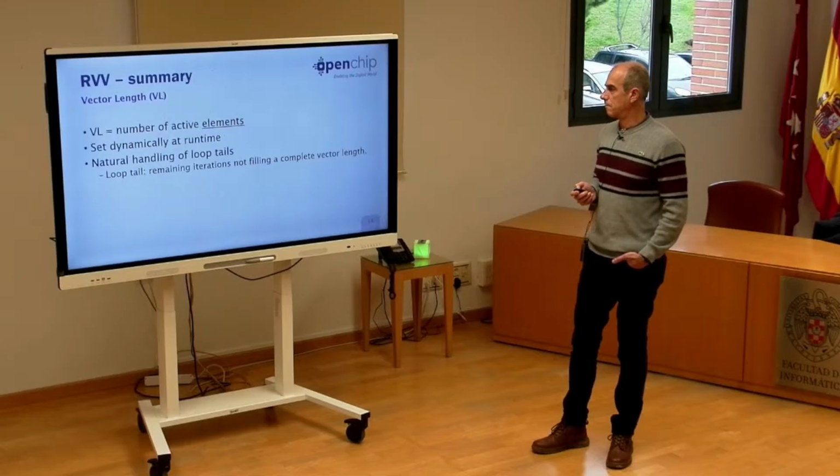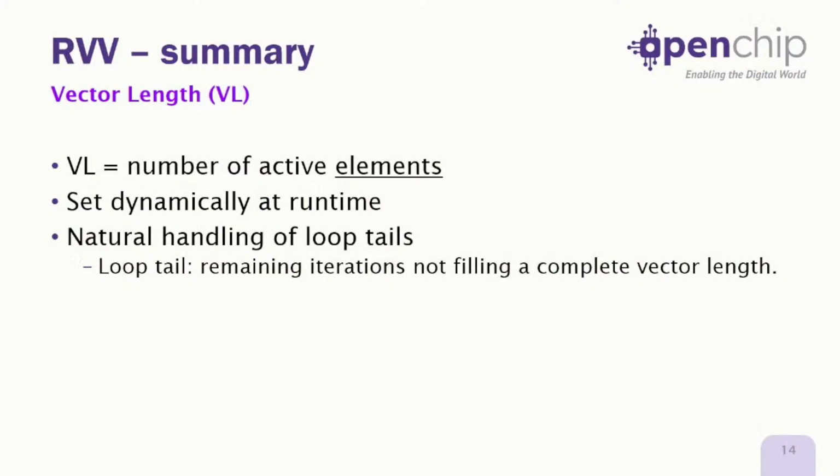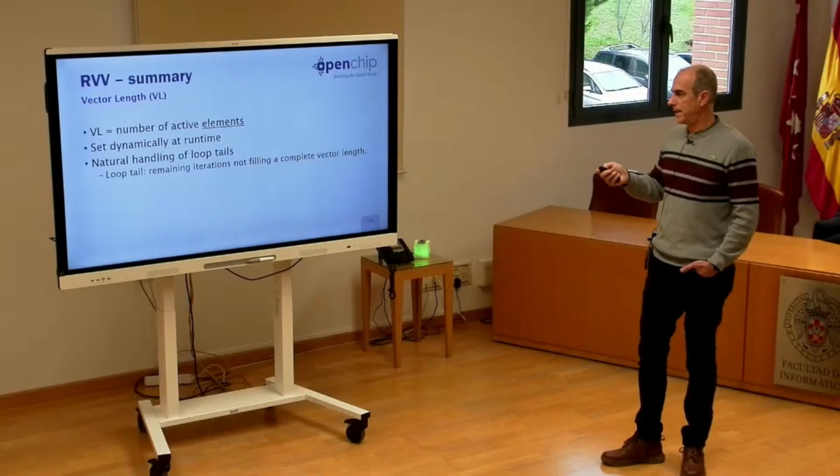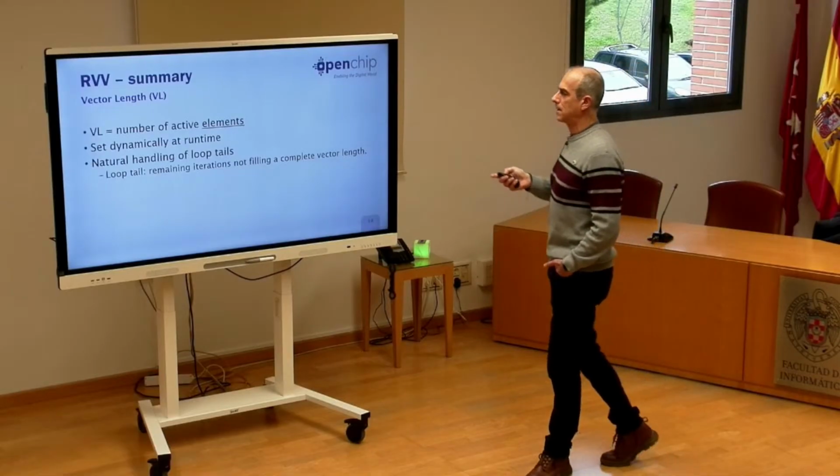We already talked about the VL, which is the number of elements inside a vector register, which can be changed at runtime. Your code could change the vector length, adapting to your need. If you want to do operations with bigger data, you change the VL to a bigger value, or you can reduce it. It also allows very easy handling of the loop tails.